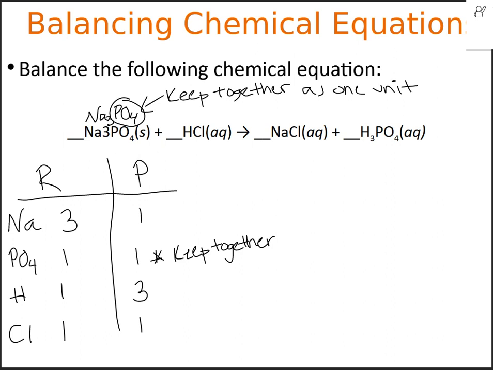So here we've got a 1 and a 3. Our lowest common denominator, what is it? For 1 and 3, what is the lowest common denominator? I have a vote for 3.